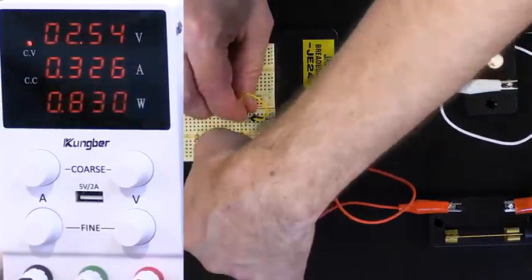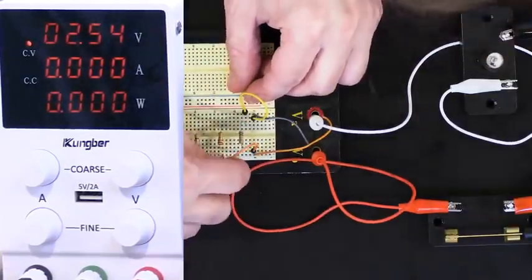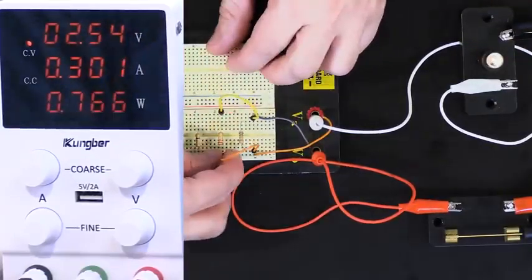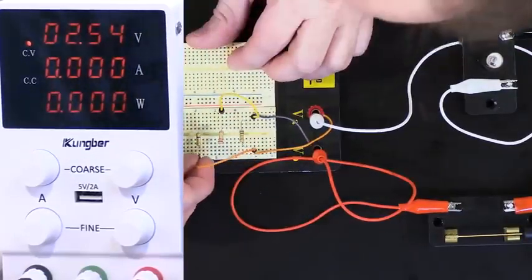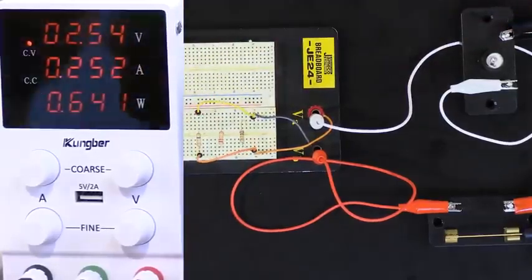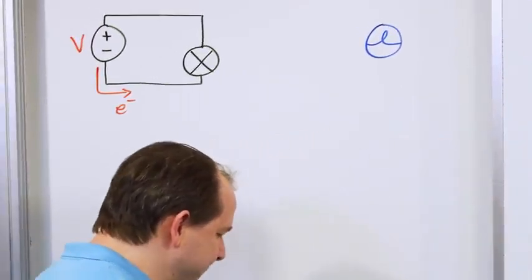And if I connect the other resistor, which is almost double that, 2.2 ohms, then it looks like this. And if I put the 4.7 ohm resistor in, it's going to look like this. And it's very, very dim. I wanted to do it all in rapid succession like that, because when you see one after the other, you can really see how increasing the resistance lowers the current, and so the light bulb is much, much dimmer.